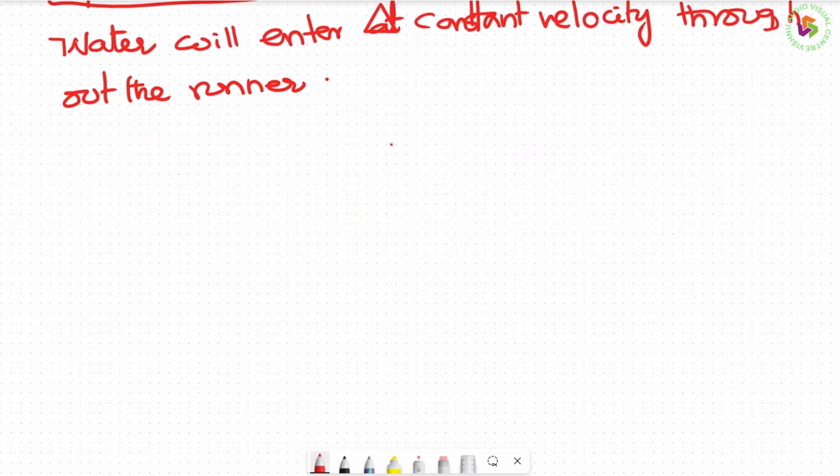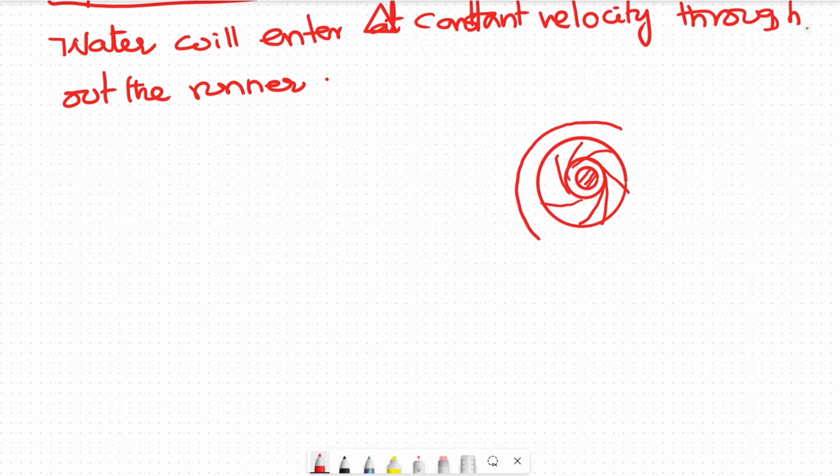For example, if you take it, this is what I mentioned. Always while drawing, please remember this is the shaft. Over the shaft, what will be there for us? Runner. Once runner is there, actually these are the runner blades. Right? This is the first thing. Over the runner, what will be there? This is basically surrounding the runner.